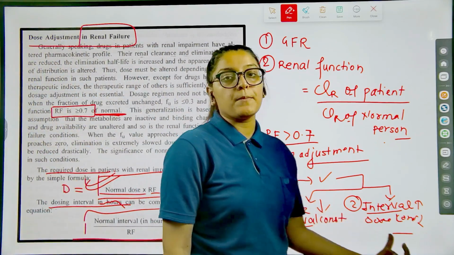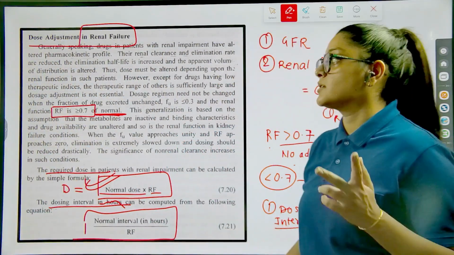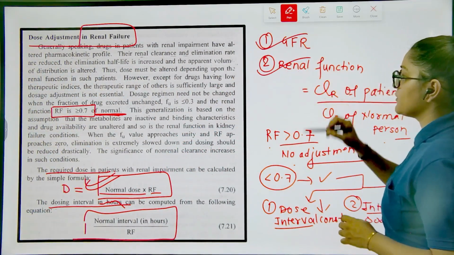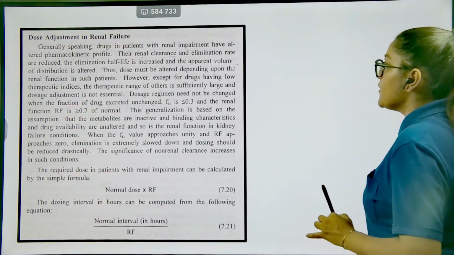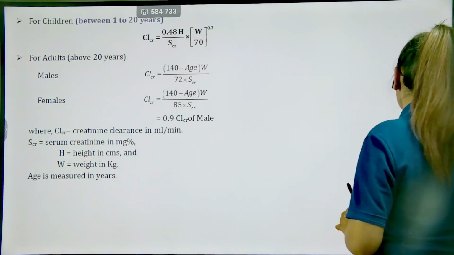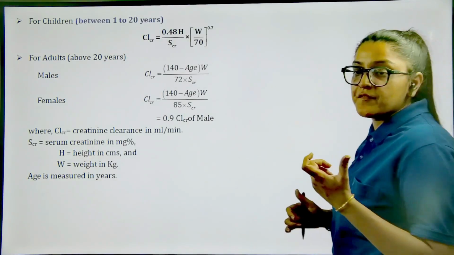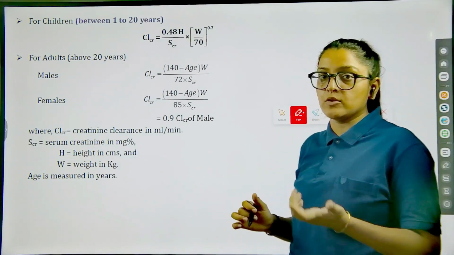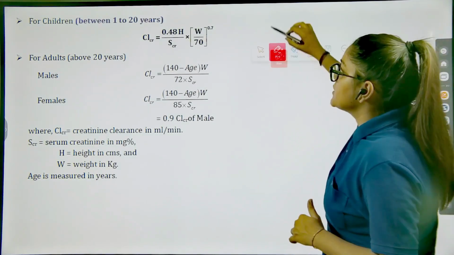So these two approaches are generally used. First was GFR, second was calculation of the renal function, where you have seen how the dose is calculated, or how the interval is kept constant or changed.